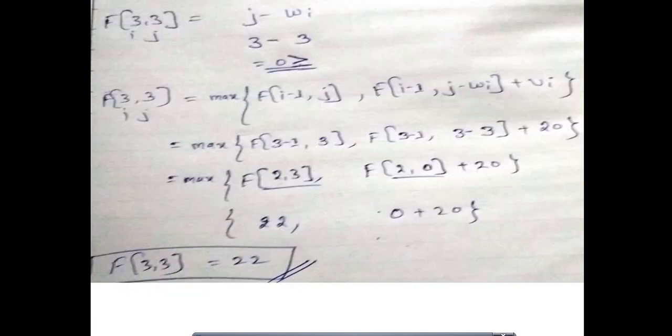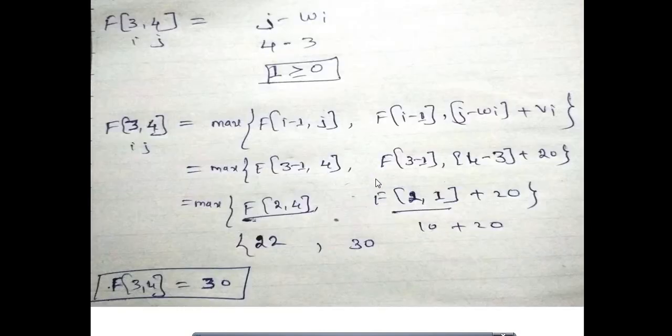Now 3 comma 3, it is equal, not less, 0 is equal to 0, so use this formula. Okay. Now 3 comma 4.